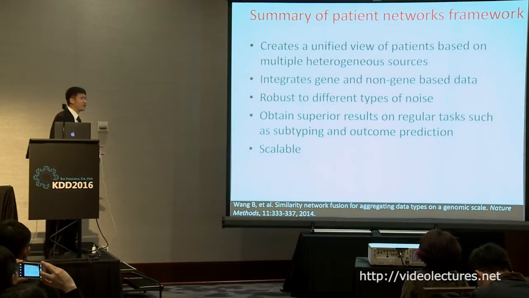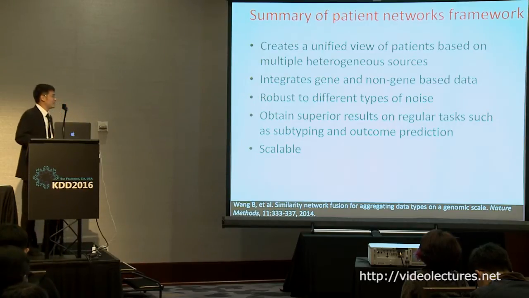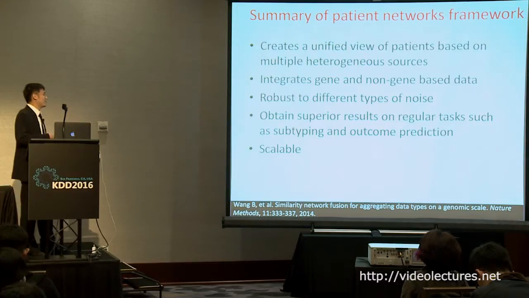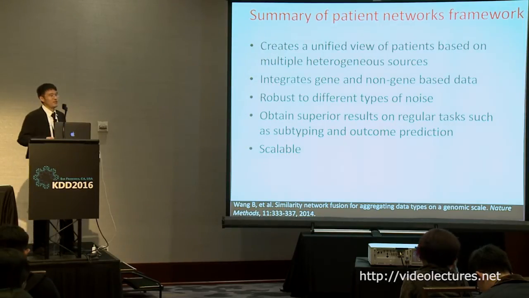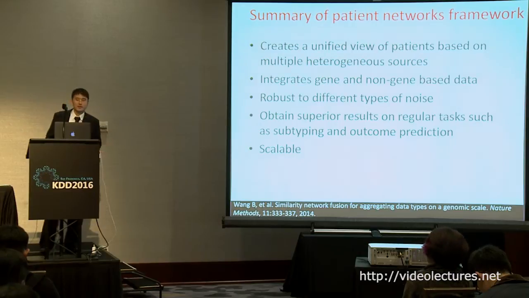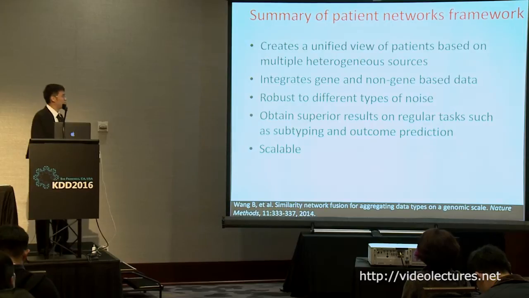It's just a k-nearest neighbor kernel, to make the noise disappear basically. And they have some good results in subtyping and outcome prediction, and they claim the algorithm is scalable. In other words, they can integrate many different sources into the network and do some optimization.